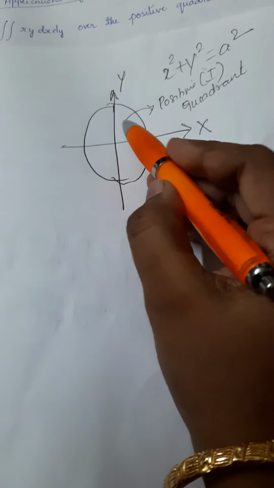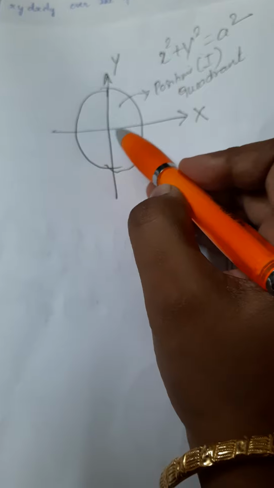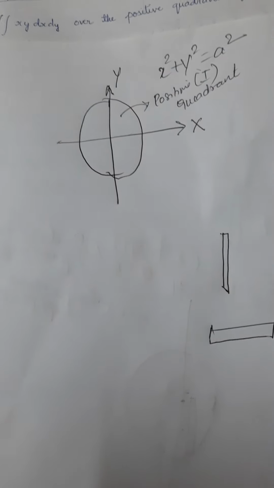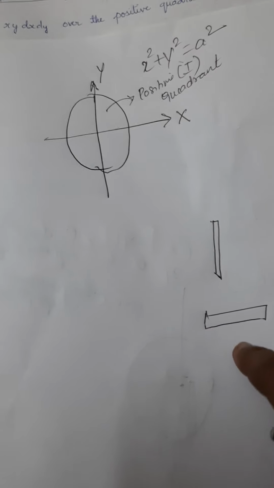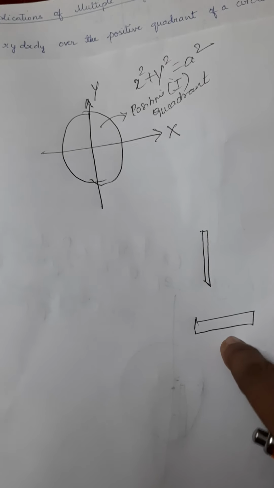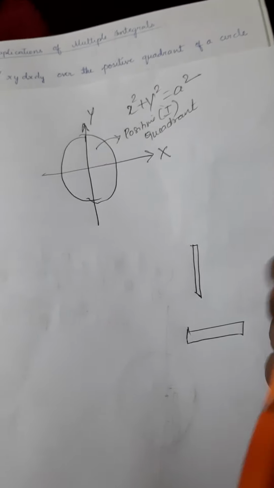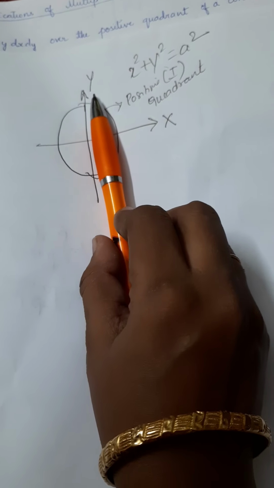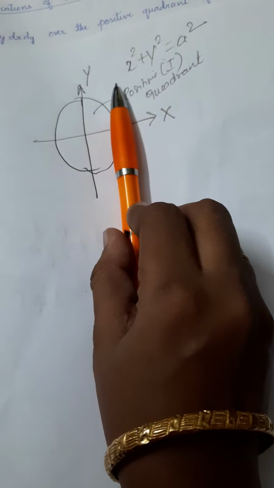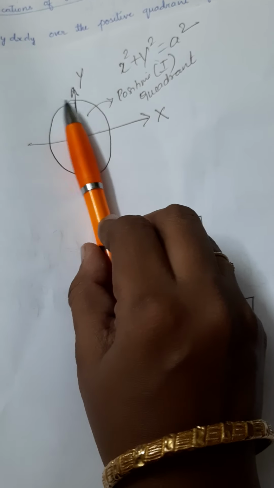Consider a strip in the given region such that the strip can be either a vertical strip or a horizontal strip. If I am going to consider a vertical strip, then the strip will be allowed to move horizontally along the x-axis.